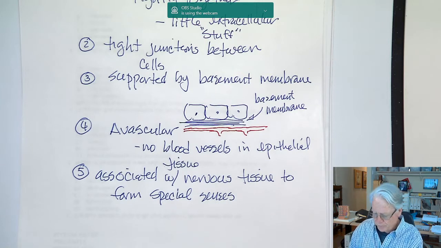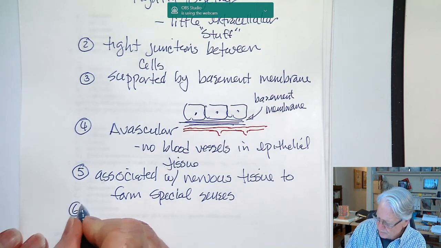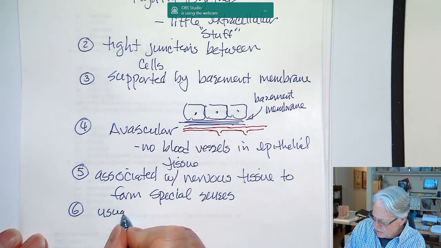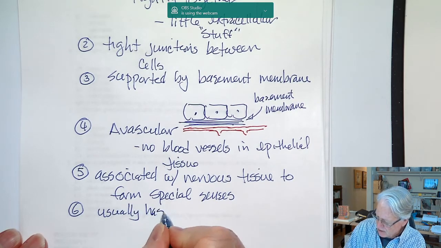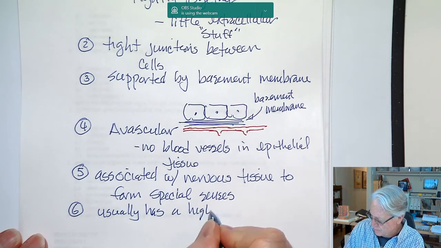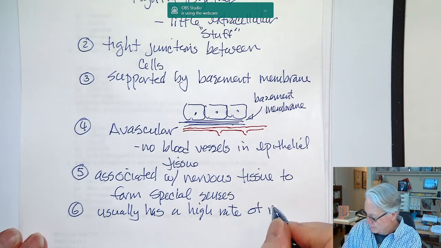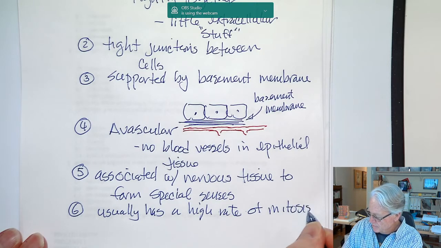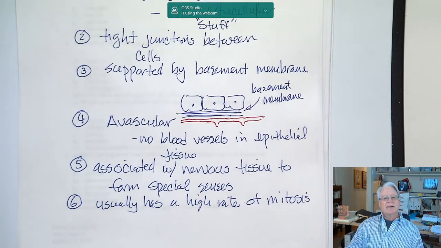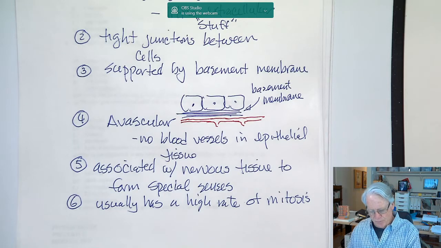Okay. Number 6, usually has a high rate of mitosis. Cell division is very common and happens often in epithelial tissue. And there is good reason for that. We'll talk about that more later on. So a lot of mitosis, a high cellular reproductive rate in epithelial tissue.